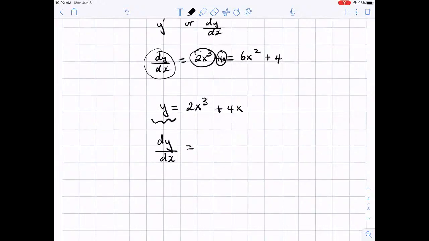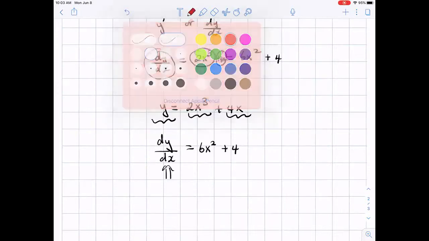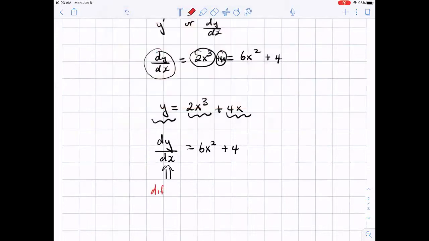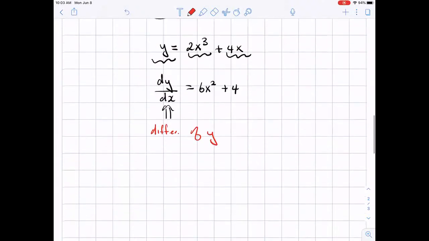And the derivative of this here, because it's with respect to x, we don't need to write dx. So this becomes 6x squared. And the derivative of this here, since the variable is x, we don't need to write dx, it just becomes plus 4. So you have to understand that when you take the derivative of y, this here is the derivative of y. That's what it is.